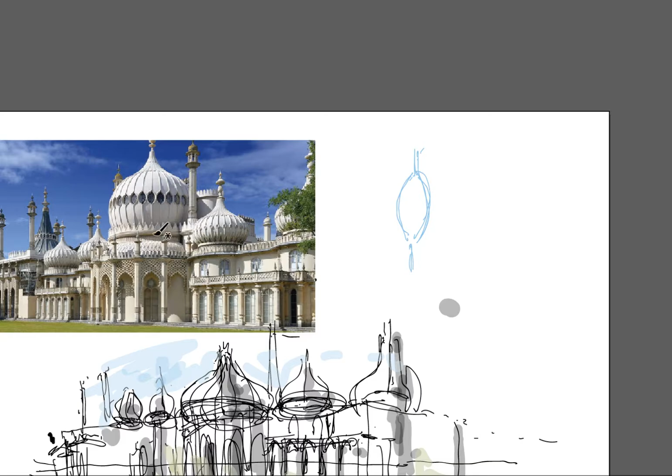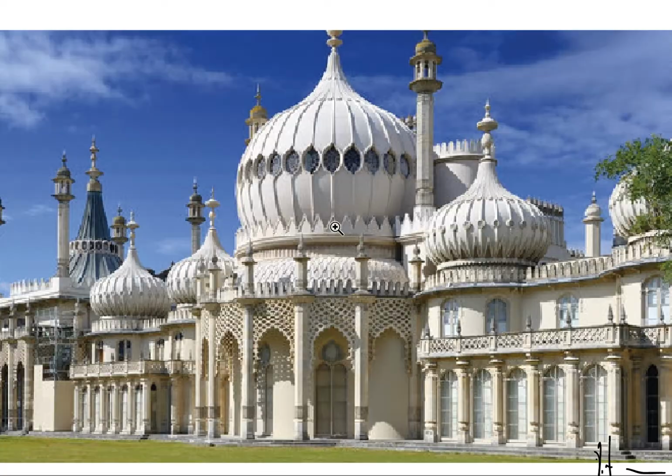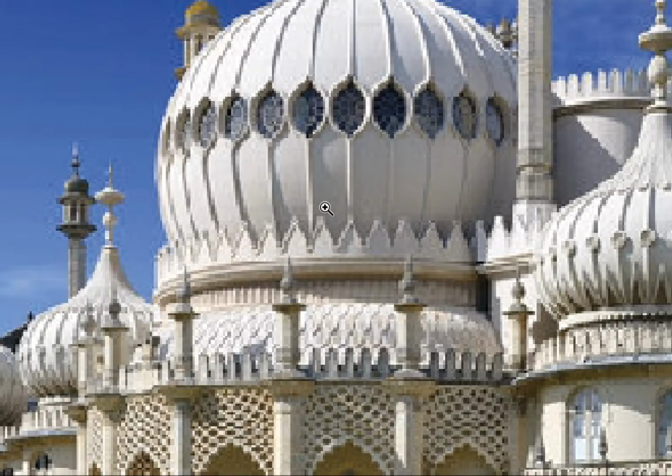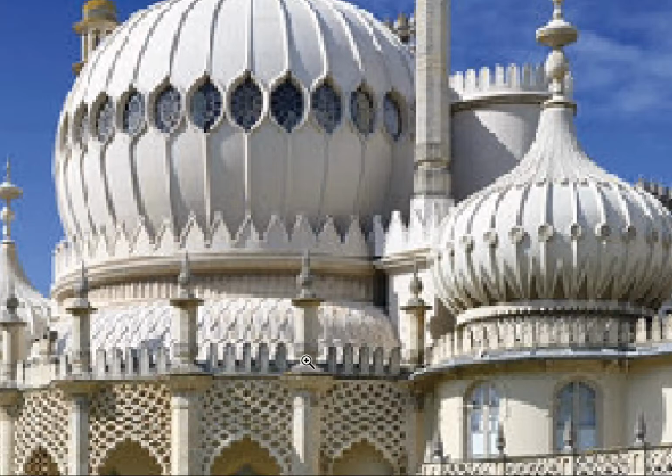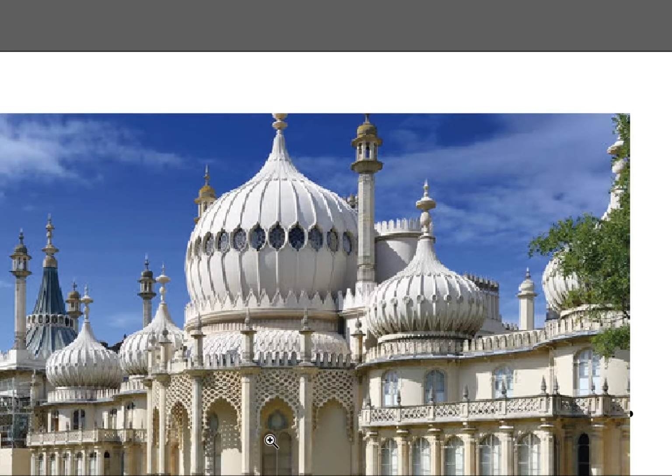We might start to zoom in again. And we might start to think about this individual shape or this individual shape. And so we can start to look at the idea of a drawing made up of lots and lots and lots of little bits of visual information.